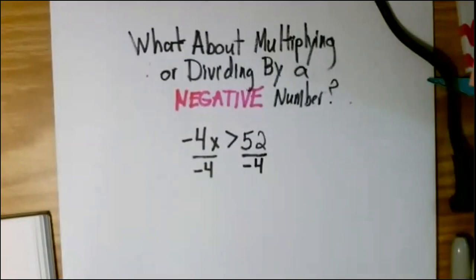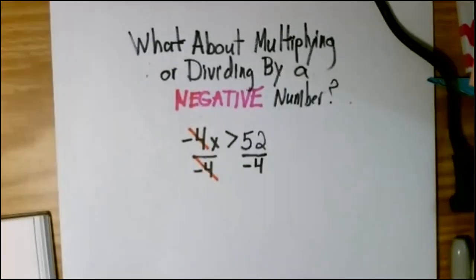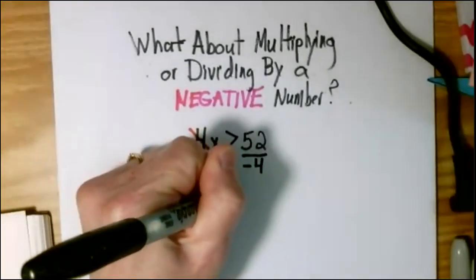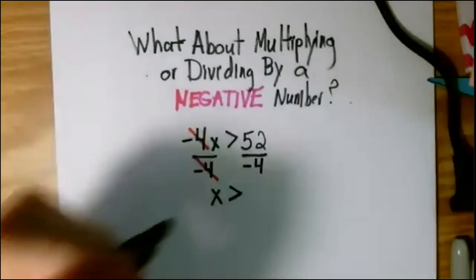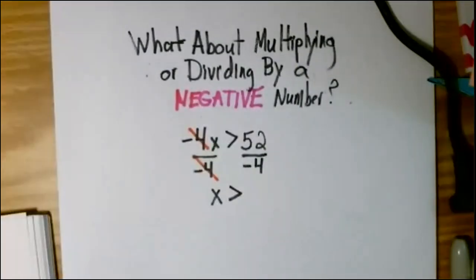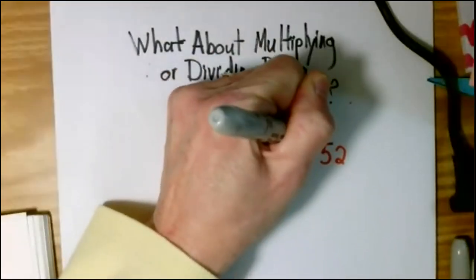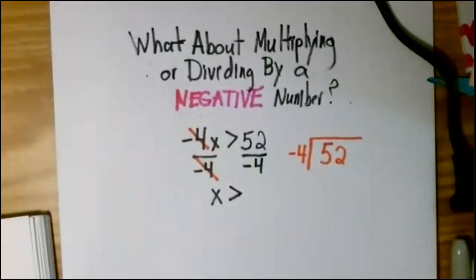When I do that, my negatives cross off and I'm left with just 1x, or x is greater than, now what's 52 divided by negative 4? If you're not sure, top of your head, you can always do it long division.